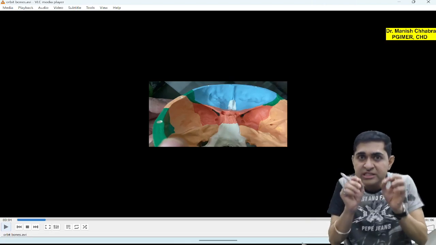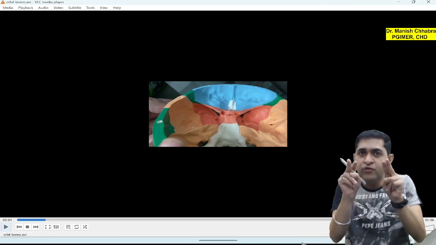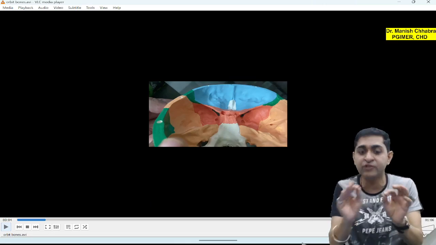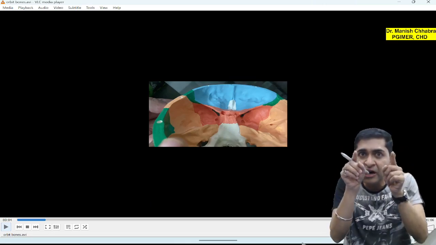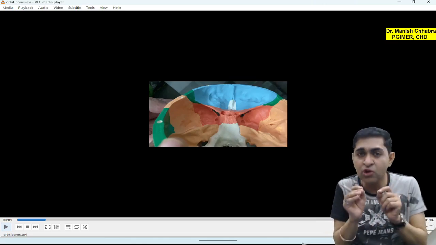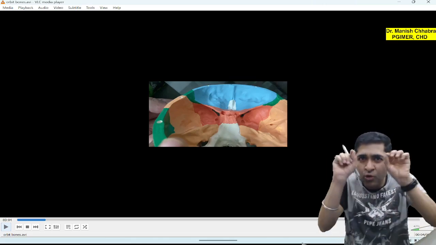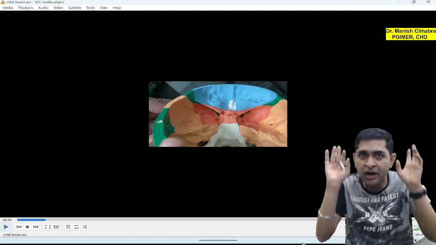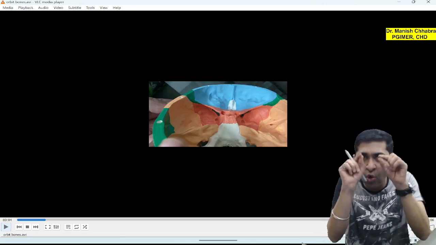Now can you see that there are two fissures, on the right side and left side, known as the superior orbital fissure, which is a J-shaped fissure. Can you also see that just above the body, on the superior temporal part of the body, you can see two holes?